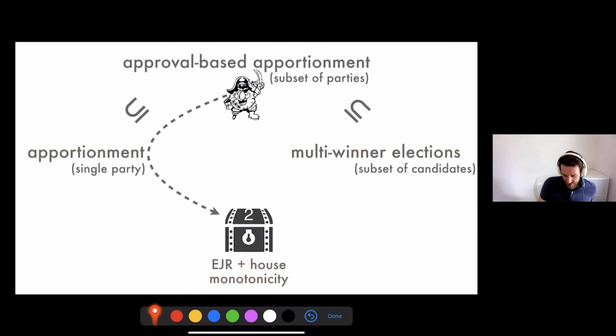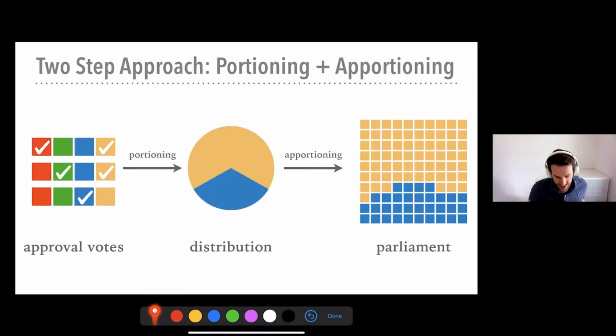Okay. In a little bit more detail, how does this look like? So this so-called two-step approach consists of first taking as input our approval-based apportionment profile, and then transforming it into a kind of cake diagram, a vote distribution, percentages for each party, and then this is the natural input for an apportionment method like Jefferson and others, which we then apply in the second step.